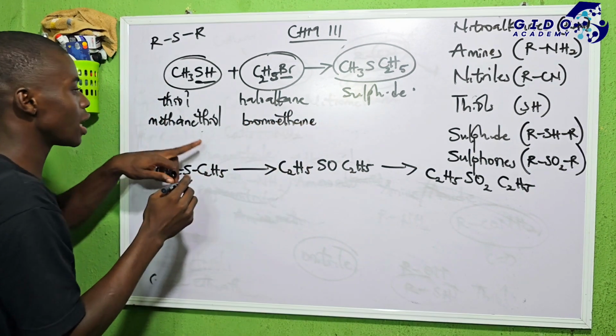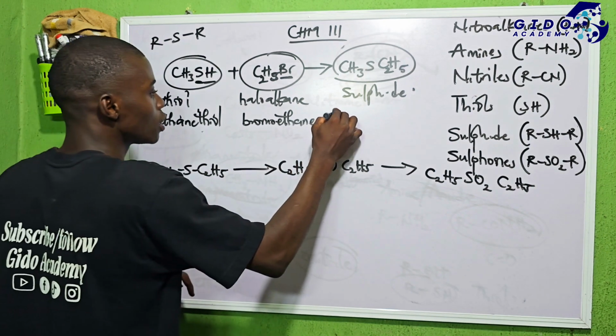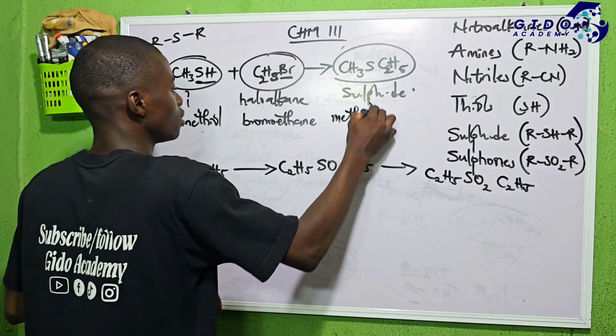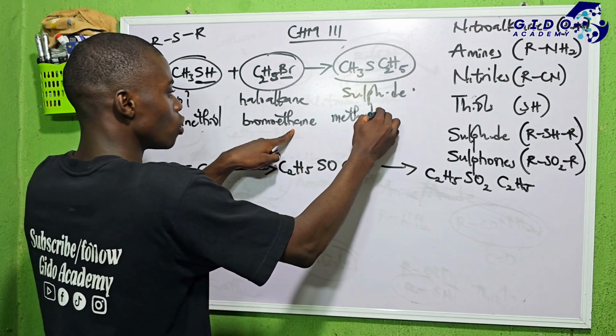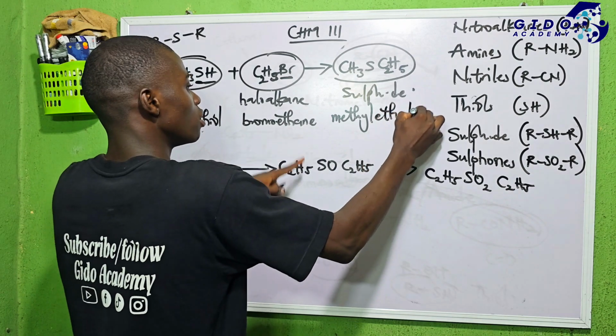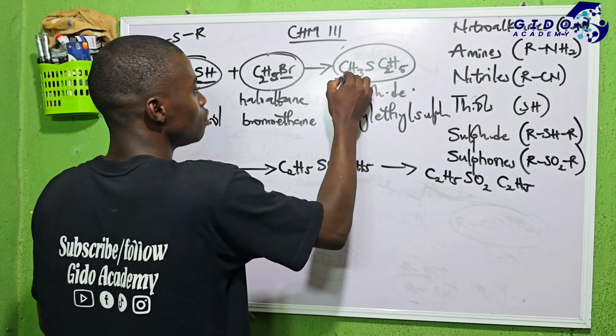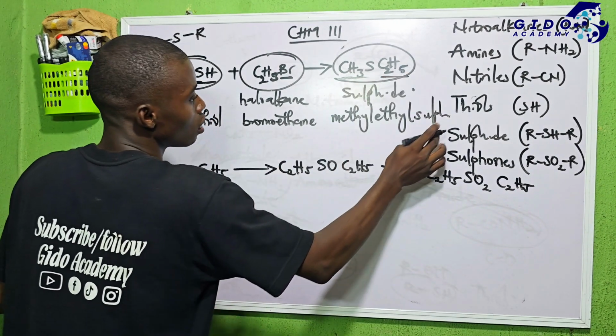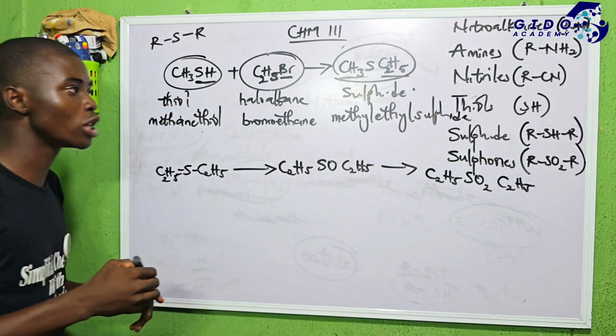When methane thiol reacts with bromomethane, it's going to give us a methyl ethyl sulphide. So that will be the product that will be formed.